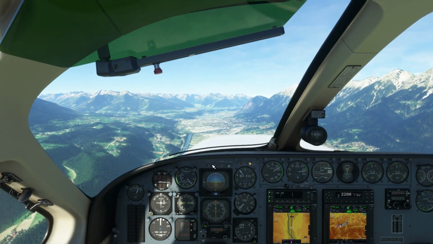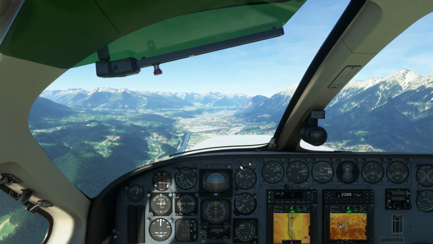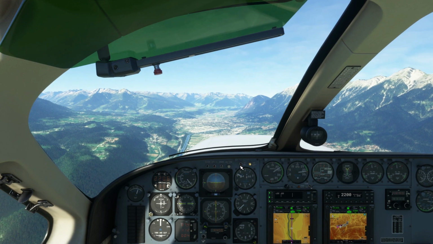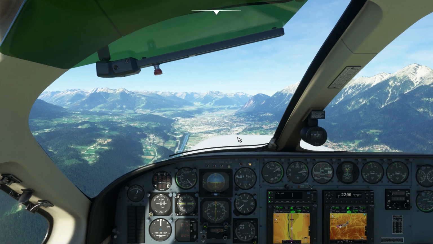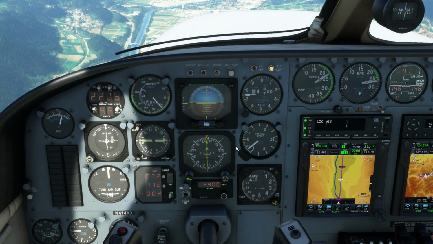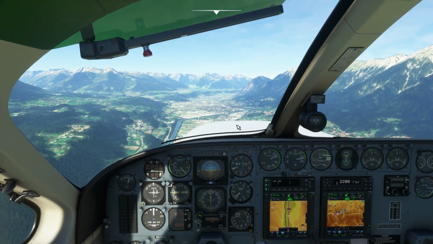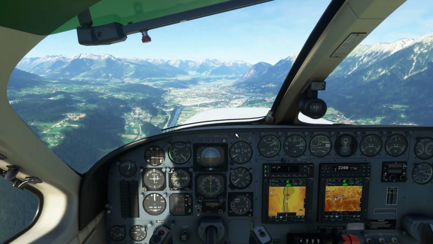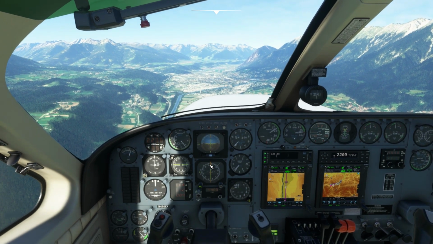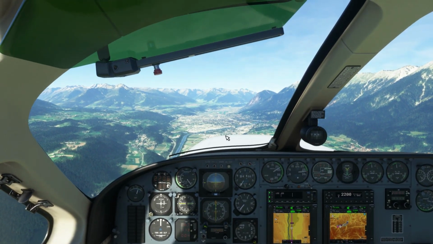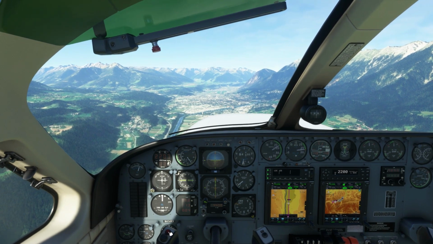Okay, I heard a signal, so it's 49. We're approaching the decision altitude. Of course, we can descend more than that, even on autopilot, but let's do it like that.